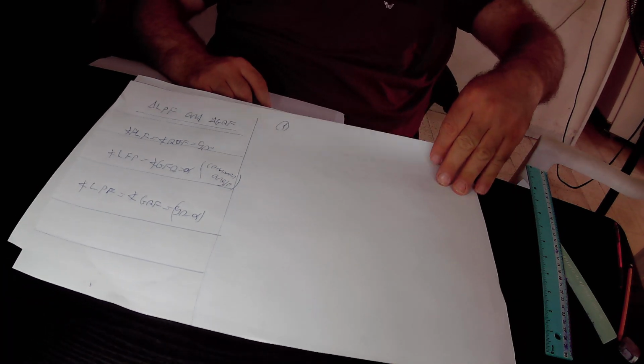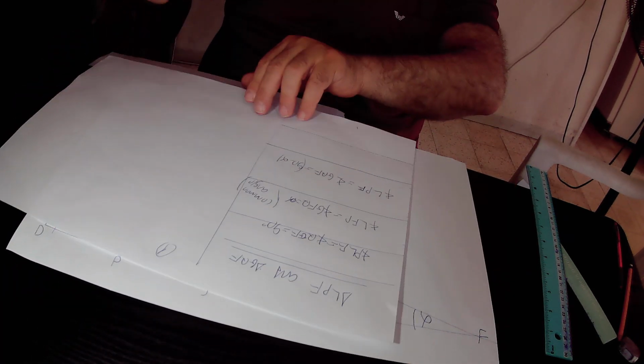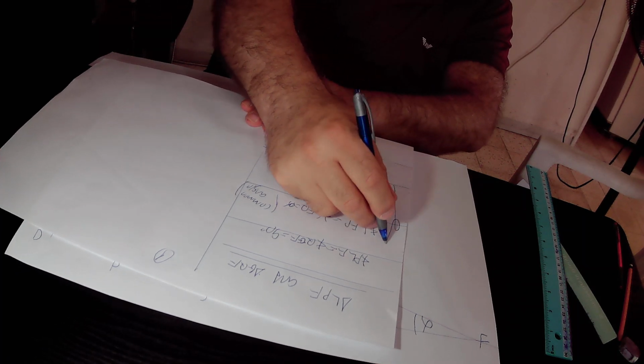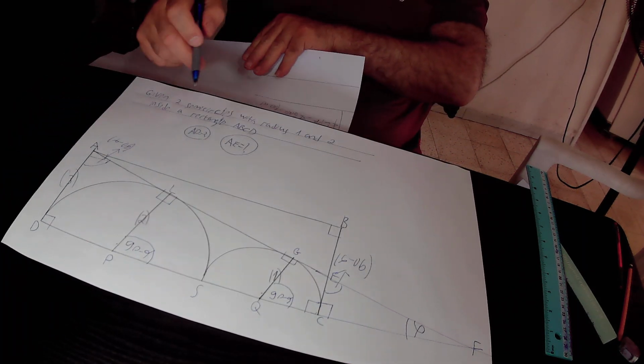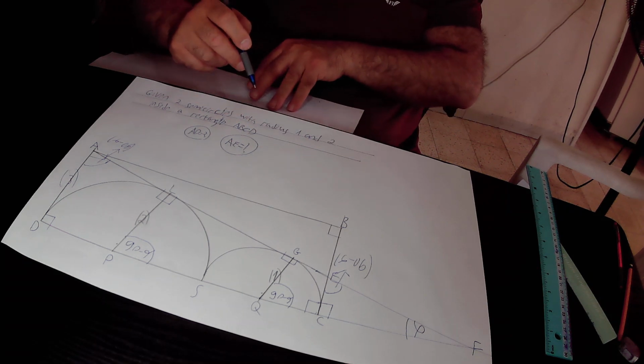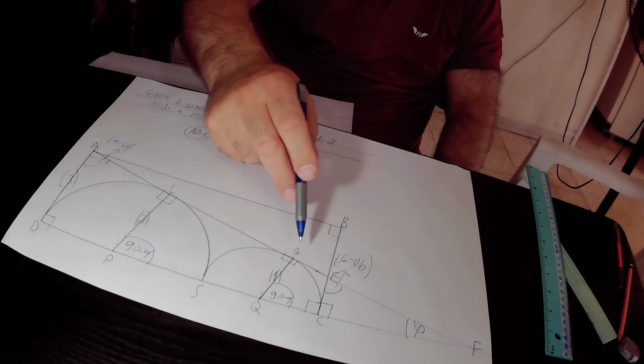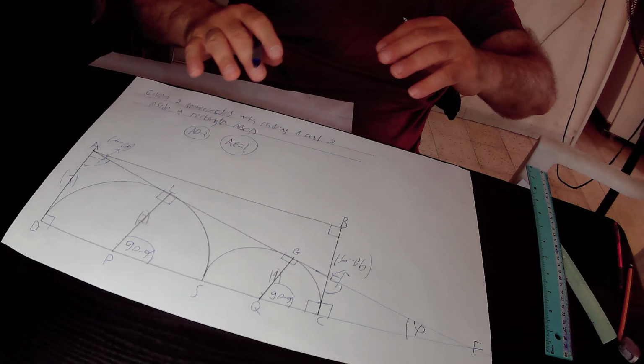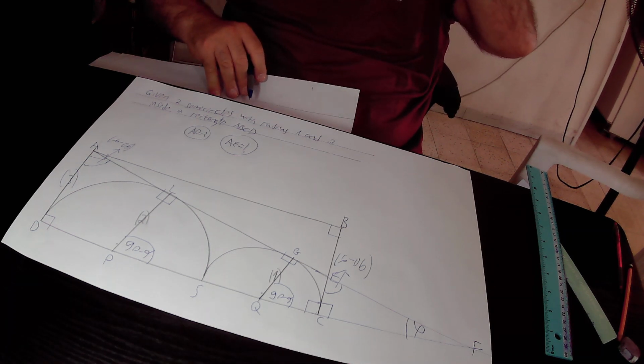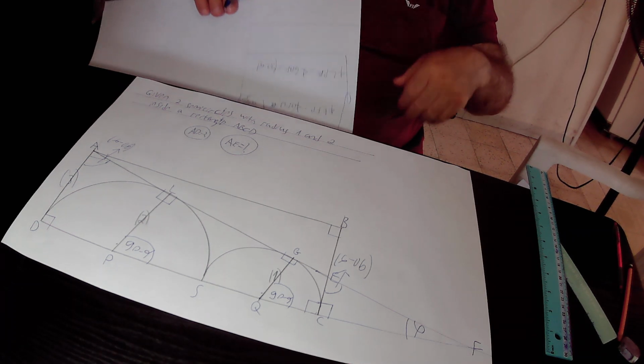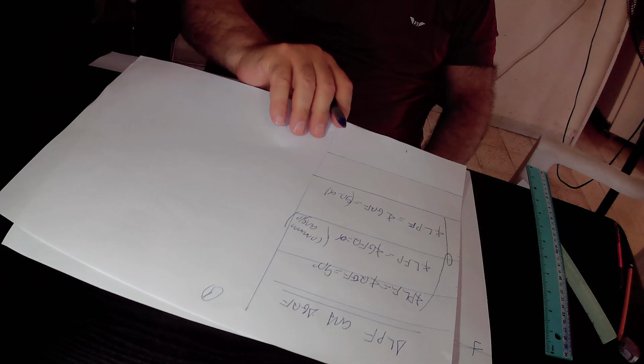So we proved that all the three angles in the big right triangle LPF are correspondingly equal to all the three angles in this small right triangle GQF. Therefore, those two right triangles are similar to each other according to the angle similarity rule. So I write it down.